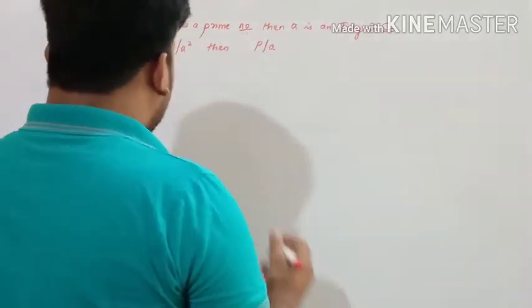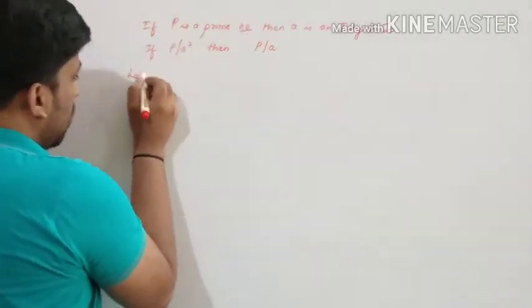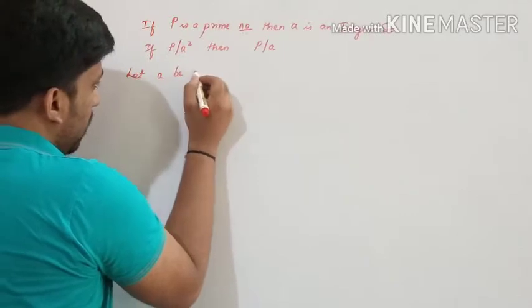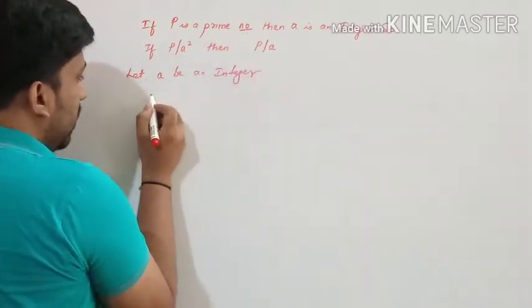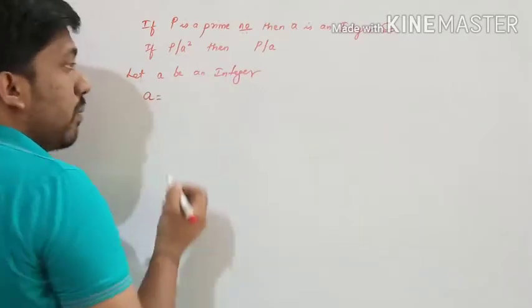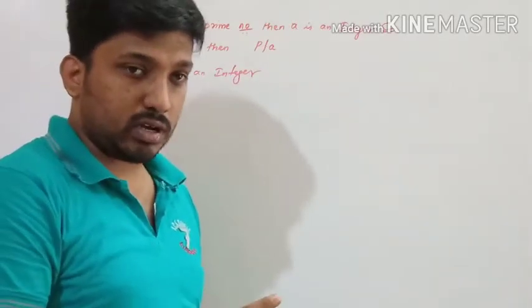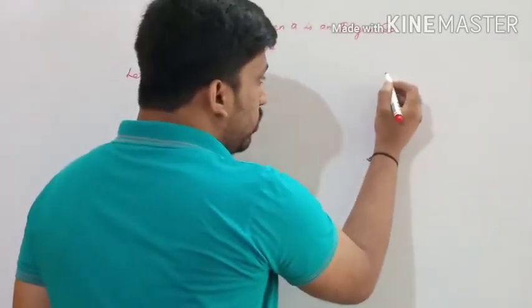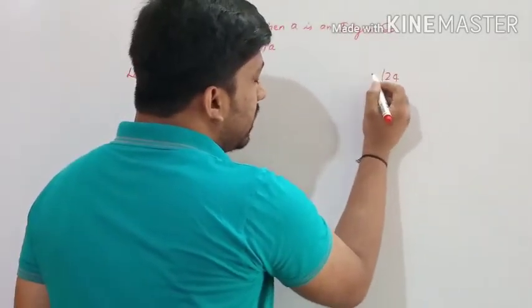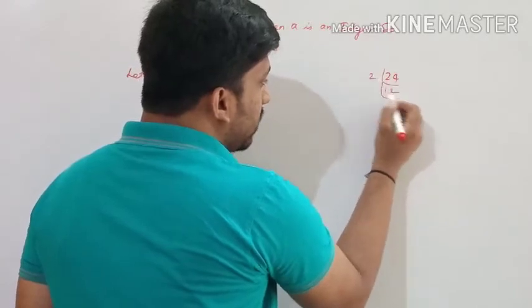So let a be an integer. By the fundamental theorem of arithmetic, we know that whenever we factorize a number, we get its respective prime factors.